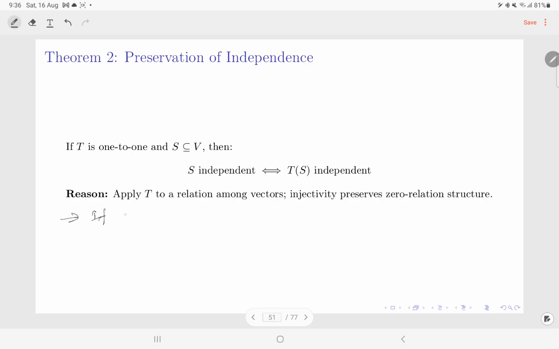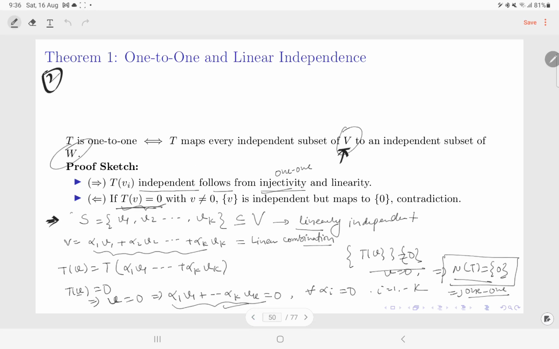For the first case, the forward case, if S is linearly independent, then from part A, T(S) will be linearly independent, as I have already proved in the first part.